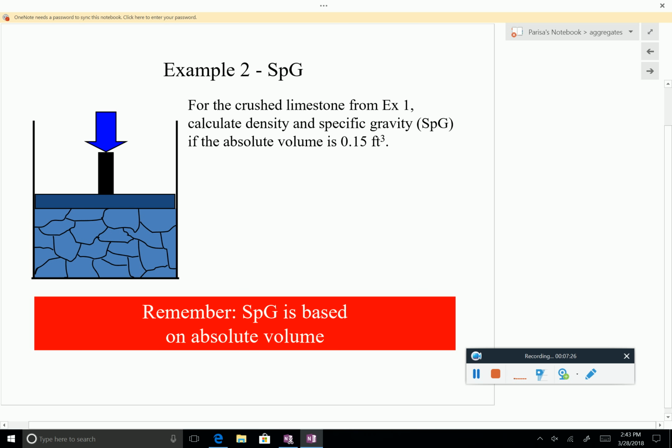Now let's solve this. The same problem as before. Now the absolute volume is given. So first calculate the density.